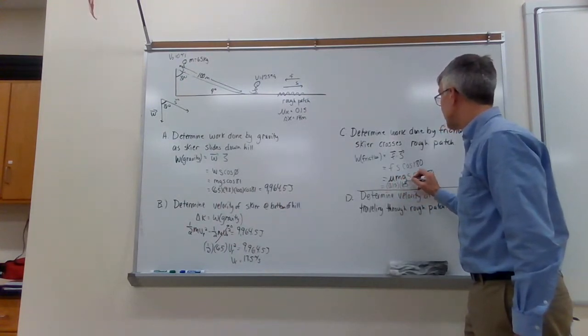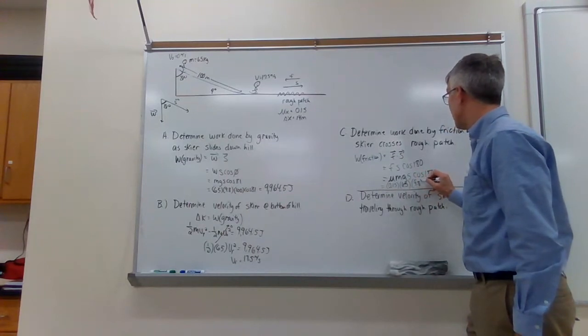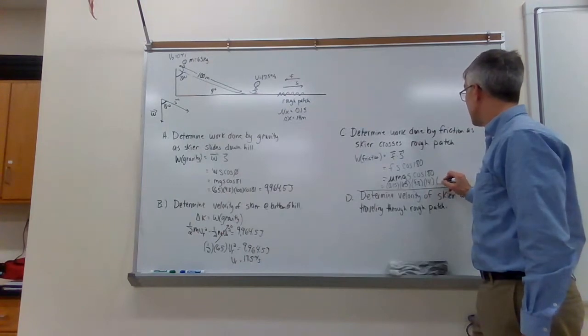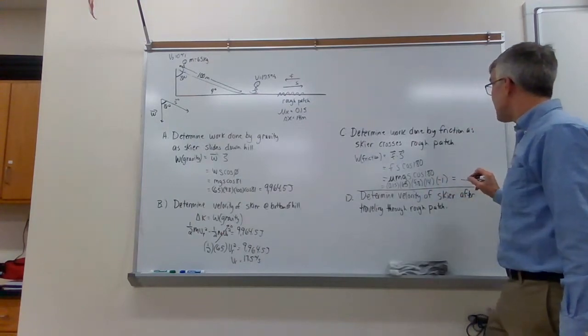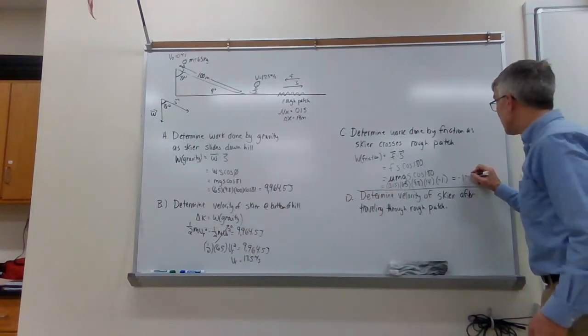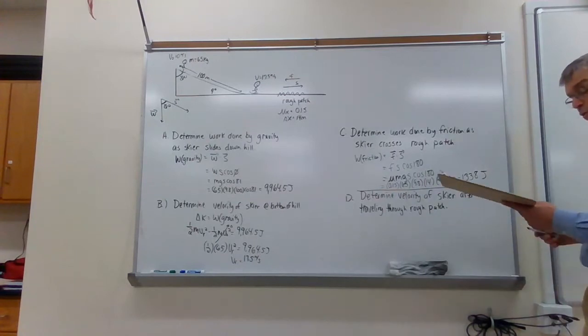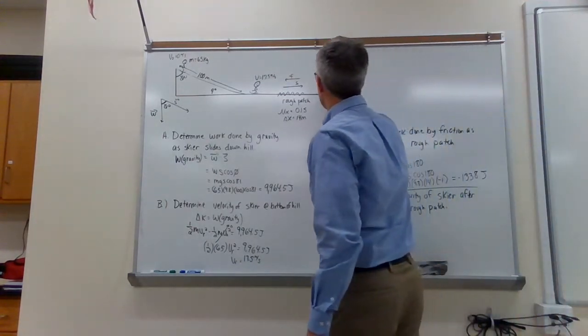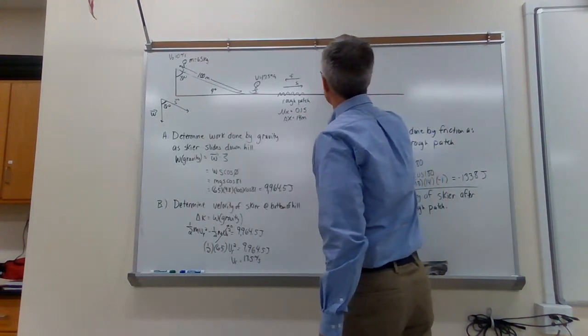His mass is 65 kilograms. We're on Earth. Delta x, or s, is 14 meters. And the cosine of 180 is -1. I did this all out, and it comes out to be negative 1,338 joules.